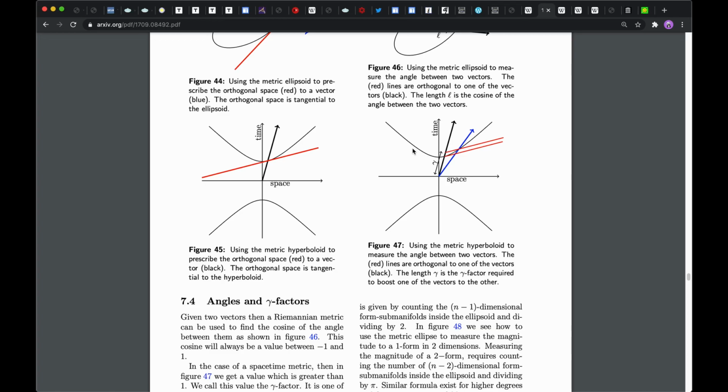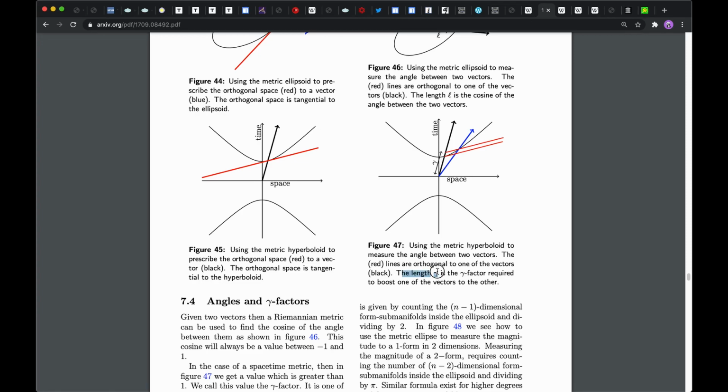We take the orthogonal complement for the black vector, the tangential line to the hyperbola at the point of intersection of the black vector and the hyperbola, and afterwards we shift that parallelly to the point of intersection of the blue vector and the hyperbola, and we obtain that new length gamma, and that gamma will give us probably also the projection of the blue vector on the black one, and it will be the hyperbolic cosine of the angle between those two vectors.